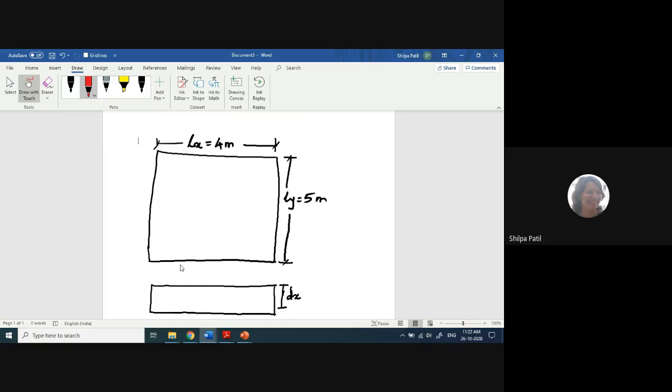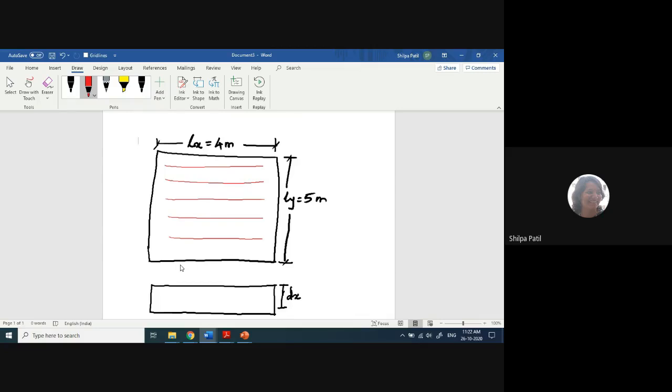So if I consider this as Lx, this is the reinforcement. I'm simply drawing it in a different color so that you can understand. This is the reinforcement which is placed along the shorter direction. I have simply drawn a single horizontal line, but it must be a bent bar.